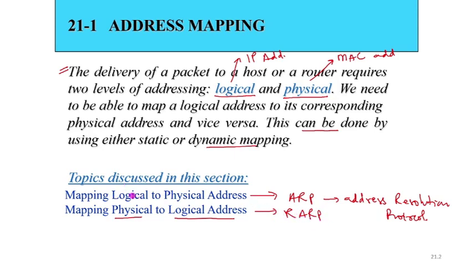So from a logical address, in the sense that we know the IP address of a host or a device or a router, when we want to find out the physical address, that is done by using ARP. Its reverse is, if we have the physical address, can we find out the logical address or IP address? That is done by using RARP. So we will be looking at what the ARP and RARP protocols are.